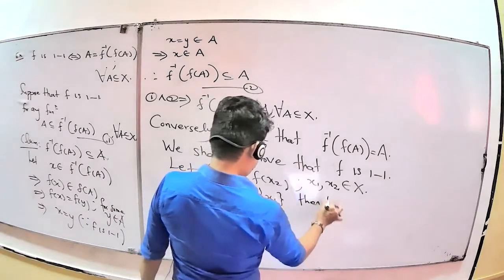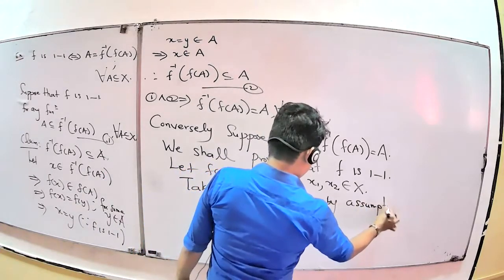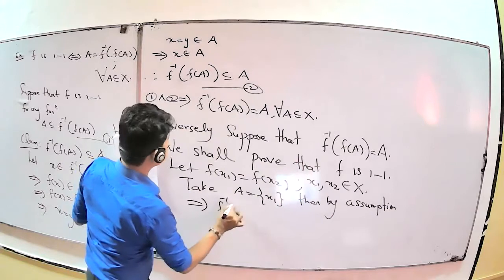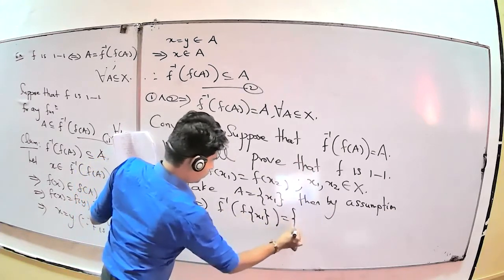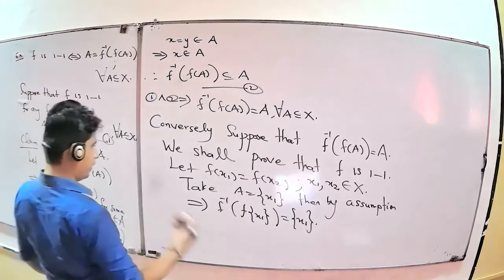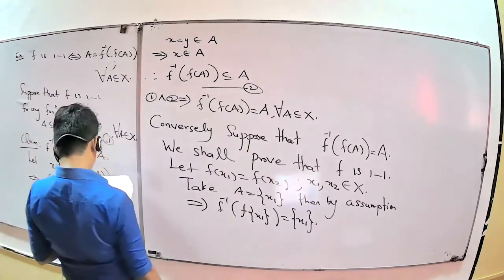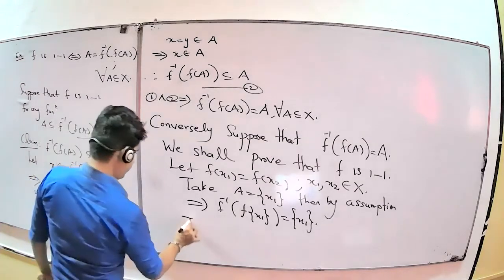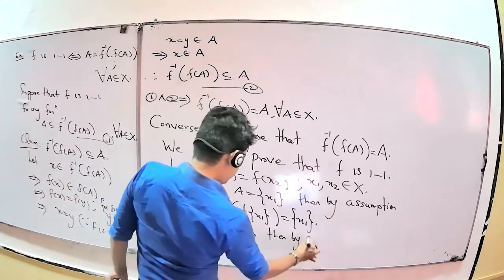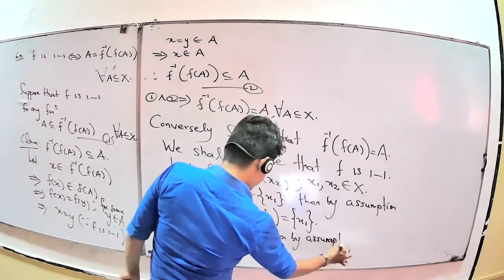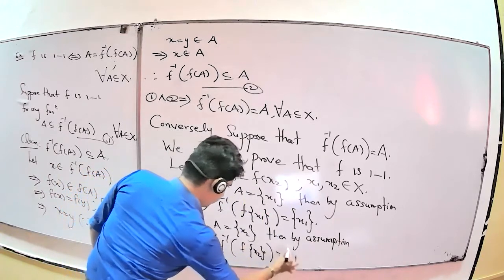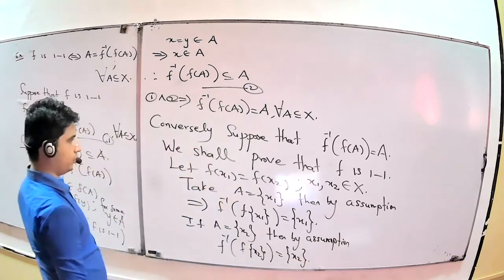Then by assumption f inverse of f of A equals A, so we can write f inverse of f of {x1} equals {x1}. Similarly, if A equals {x2}, then by the assumption f inverse of f of {x2} equals {x2}.